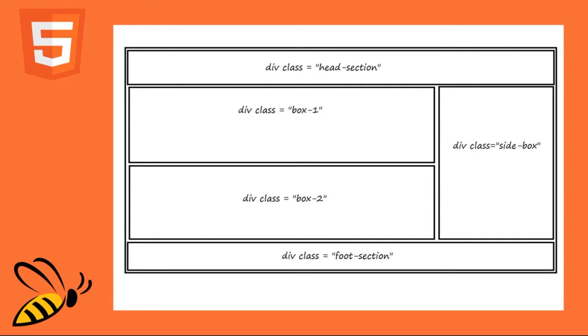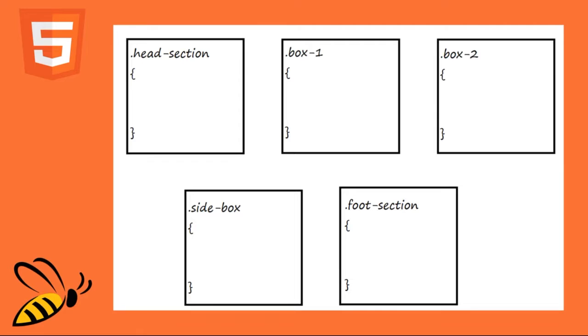If you found some bugs in your web page in something like div class box 2, you can't easily search where the problem is. In CSS it would show like this: dot head section, dot box 1, dot box 2. The sections differ, so you can't make such a thing easy.